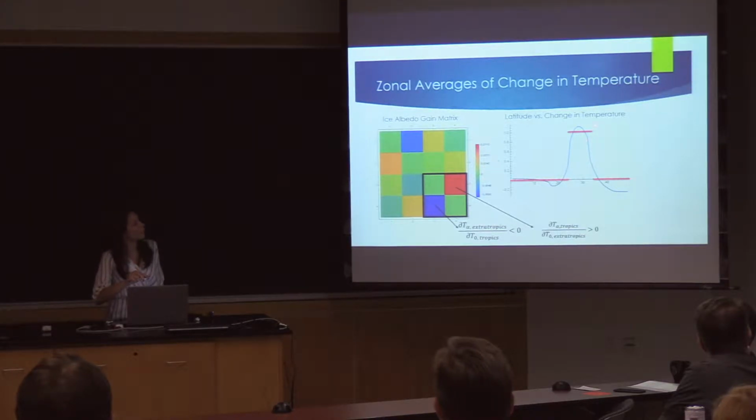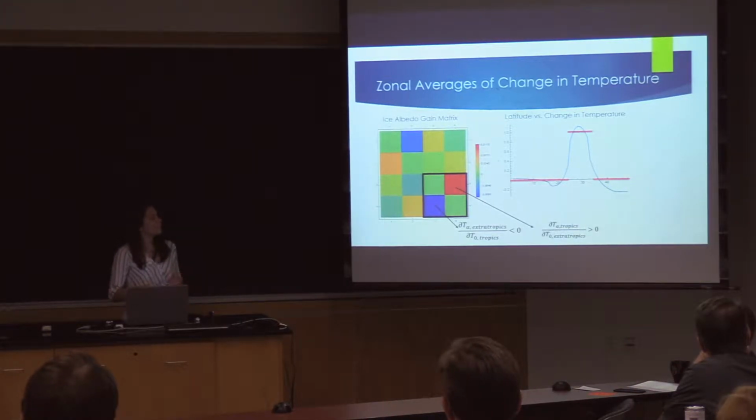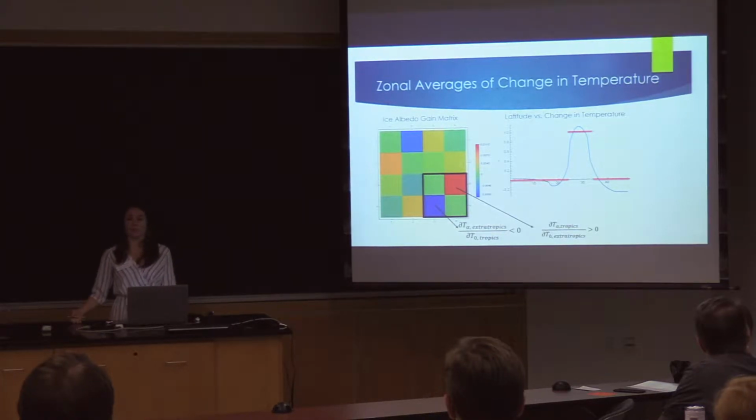As you can see here, the gradient is increased. The increase in gradient is actually what caused this negative change in temperature in the northern extratropics, although the average change in temperature, remember, was 0. Having this allows us to figure out what exactly ice albedo's response is to this forcing.